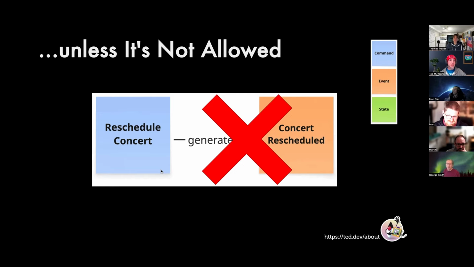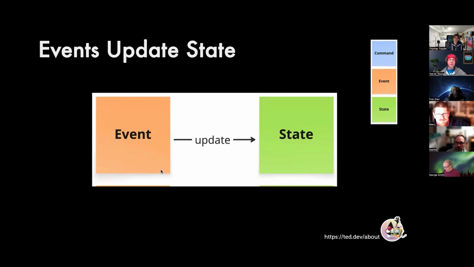So we've generated events, but that in-memory object state actually hasn't changed yet. And so when we execute a command on an object in memory, events get generated, and then immediately they get applied. So commands generate events, and then events update state.